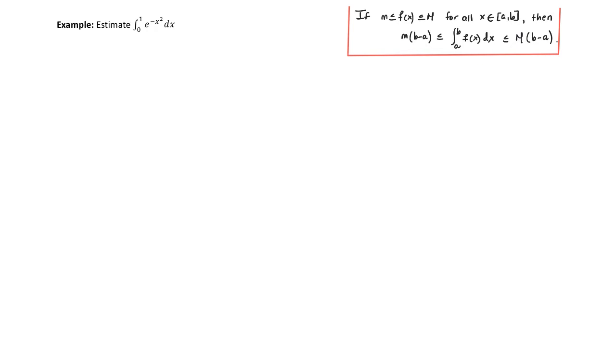I have it right here. We have this property saying that if f of x is bounded by little m and big M for every x in the interval [a, b], then the definite integral is going to be bounded by the small rectangle whose area is little m times (b minus a), and the larger rectangle whose area is big M times (b minus a).